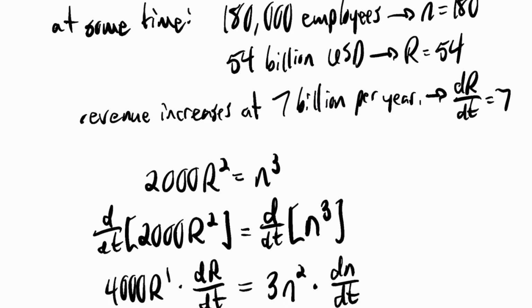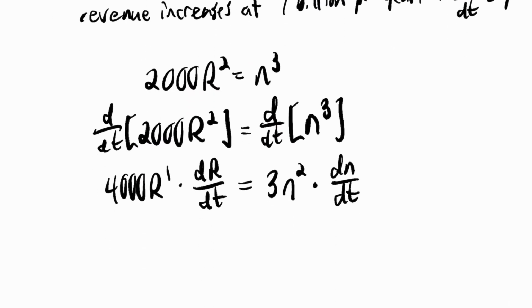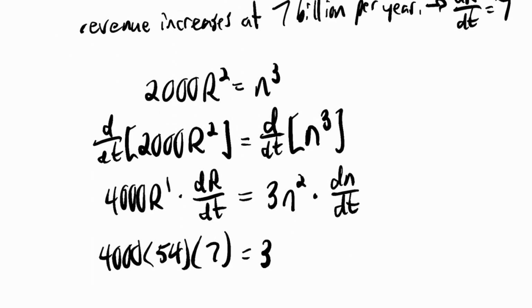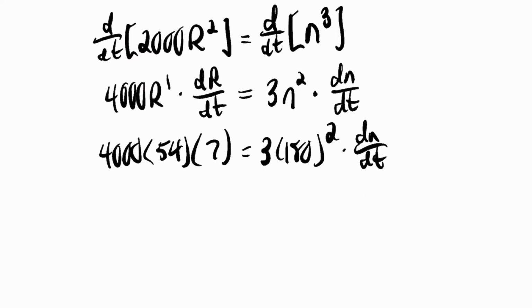Okay, so n is 180, r is 54. So r is 54, so 4,000 times 54. dr dt is 7. And n is 180. Okay. And dn dt, that is what we're looking for, the rate of change in the number of employees as a function of time. So now I can divide both sides by 3 times 180 squared.